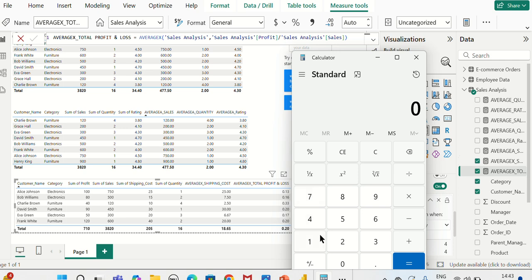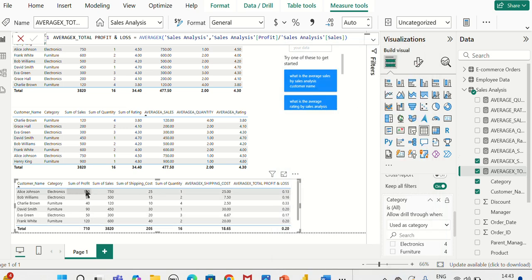If I divide sales 750 by 100, what average are we going to get? We are going to get 0.3. And if we divide 500 by 80, we are going to get an average of 0.16. If we calculate all of these, we are going to get 0.20.